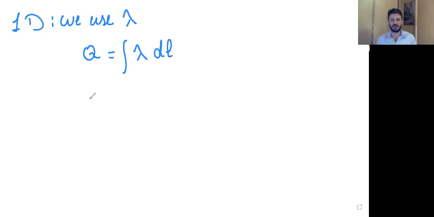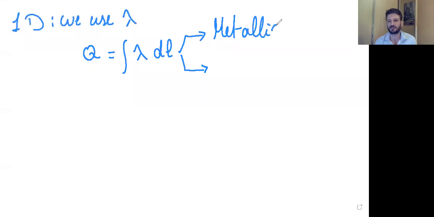This relation is used in the two cases, metallic and non-metallic.